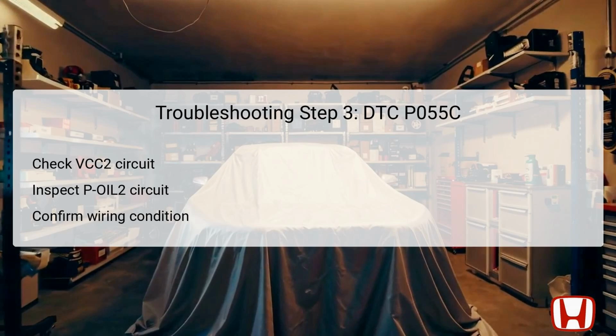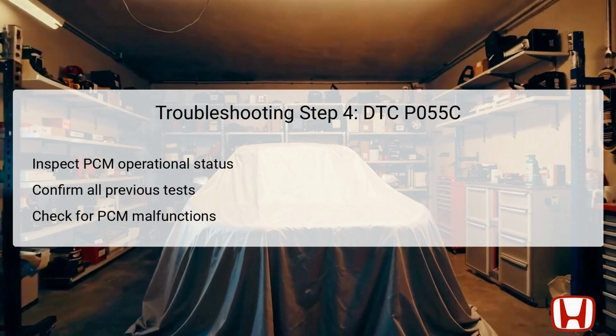Continuity tests should show less than 1 ohm when inspecting for open wires and more than 1 mega-ohm when checking for shorts. Thorough scrutiny of these circuits is vital, as any wiring faults could be the underlying cause of the voltage issues noted, guiding the technician toward an accurate diagnosis.